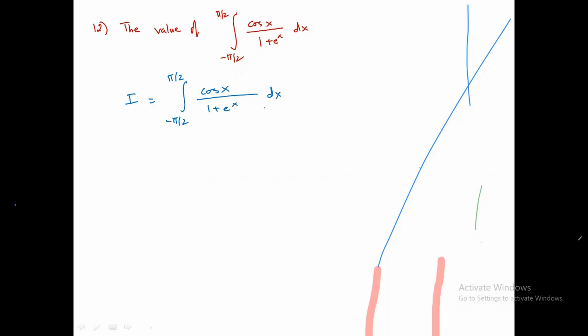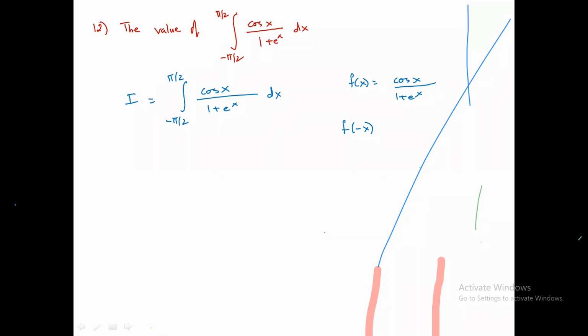So here I can use one formula. But before using this formula, I will take the function, shortcut formula I am telling you. The function is cos x by 1 plus e power x. If I put minus x, what will happen?